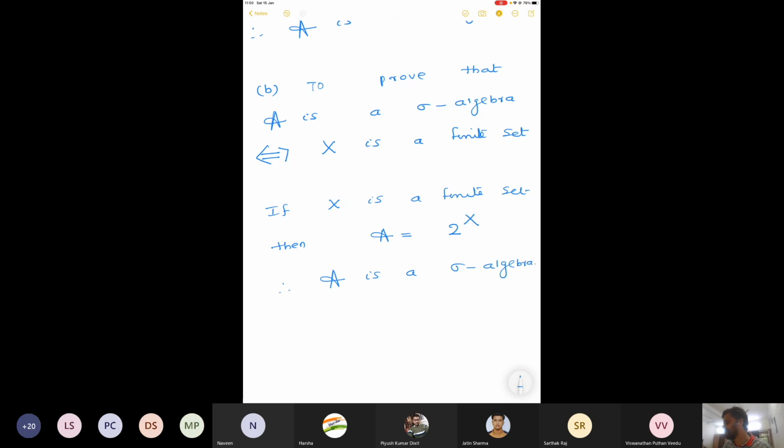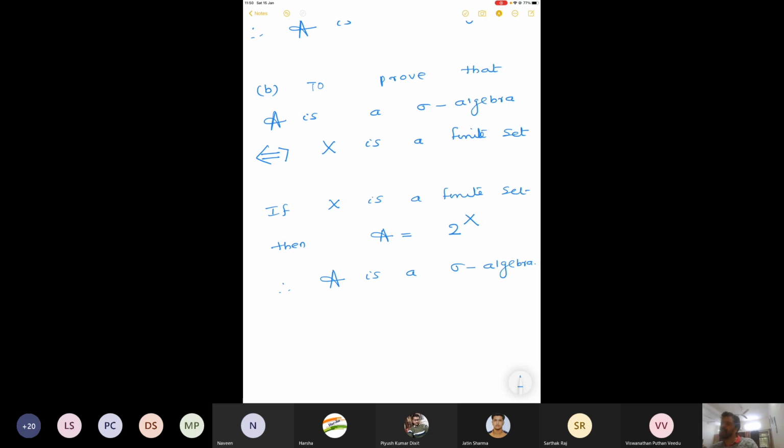There is nothing to prove. 2 power X is closed under every set operation. Okay. Now the converse. If script A is a sigma algebra, then X ought to be a finite set.